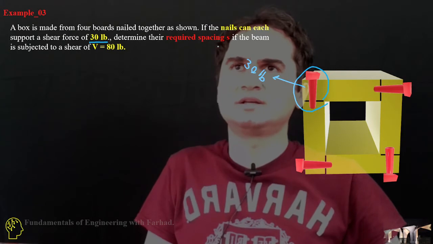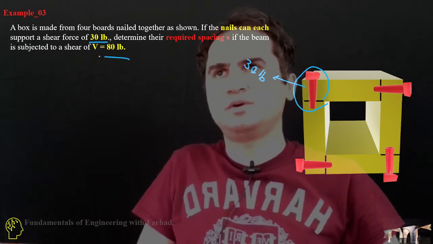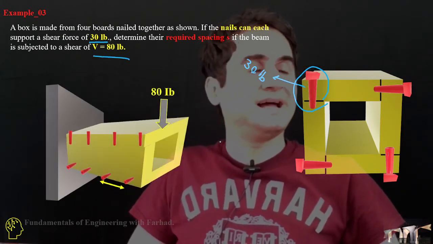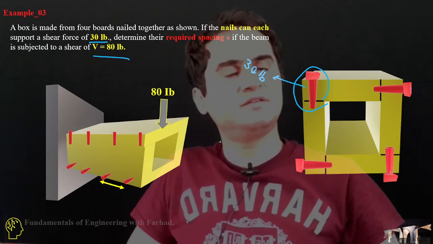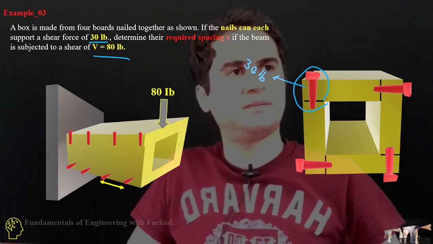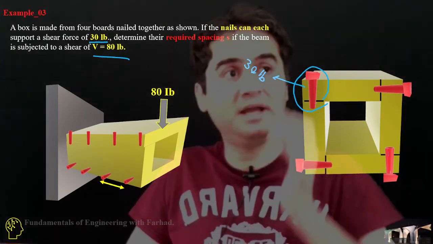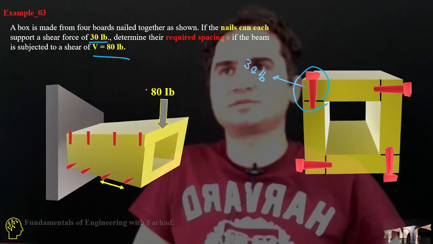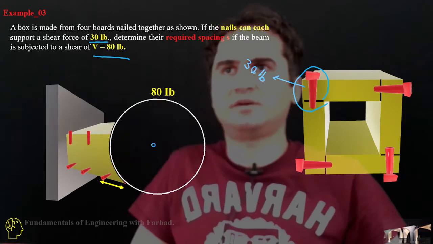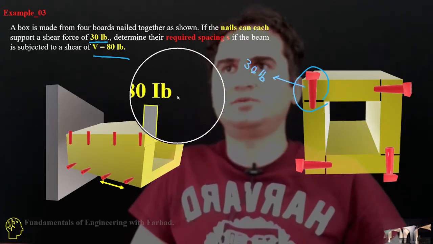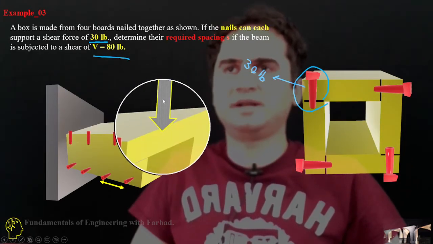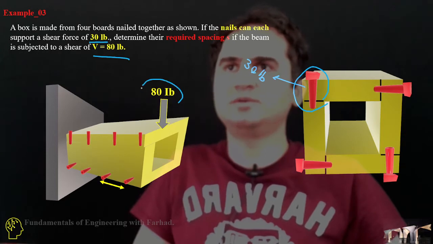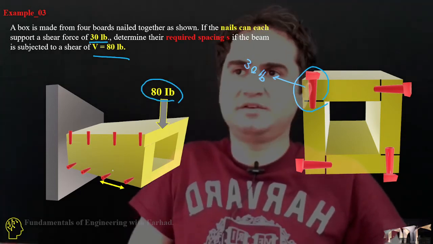shearing force. And that's the cross section of a hollow cantilever beam which happens to handle an 80 pound concentrated load at the top here. So you can see the effect of the concentrated load, which is 80 pounds applied at the free end of the cantilever beam.